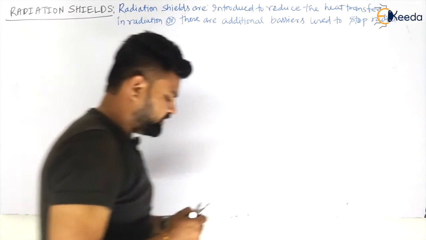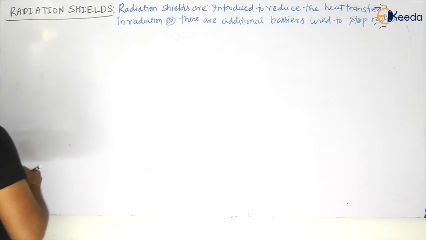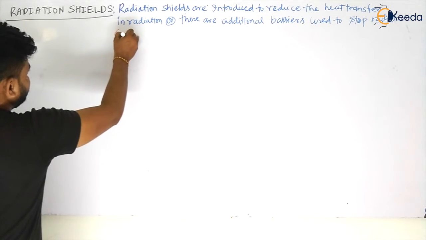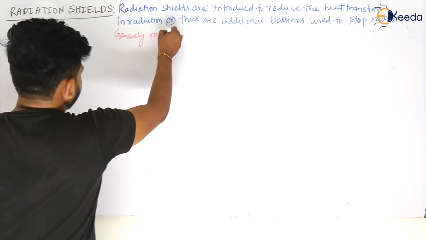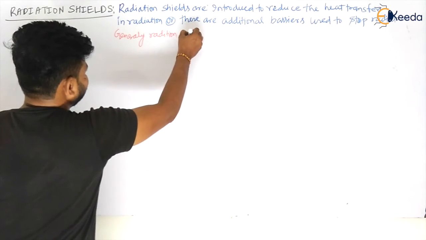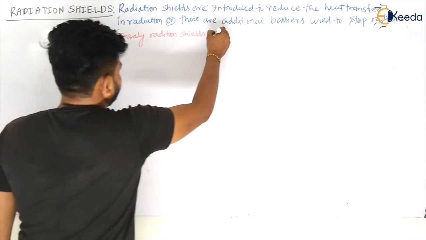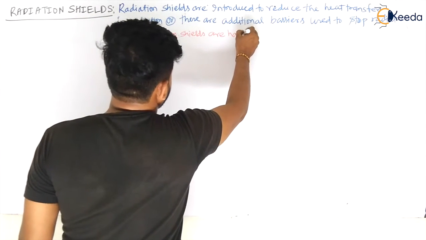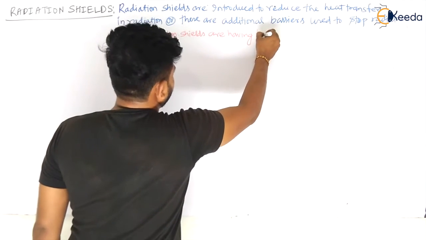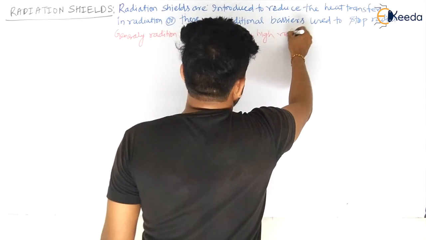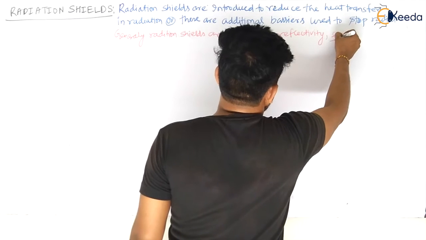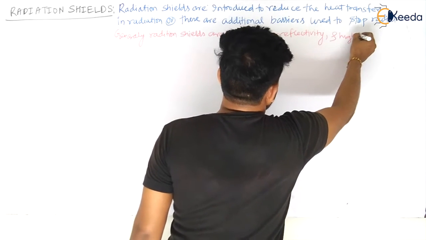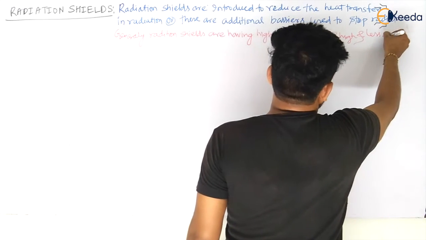And generally radiation shields have high reflectivity, that is rho high, and less emissivity.